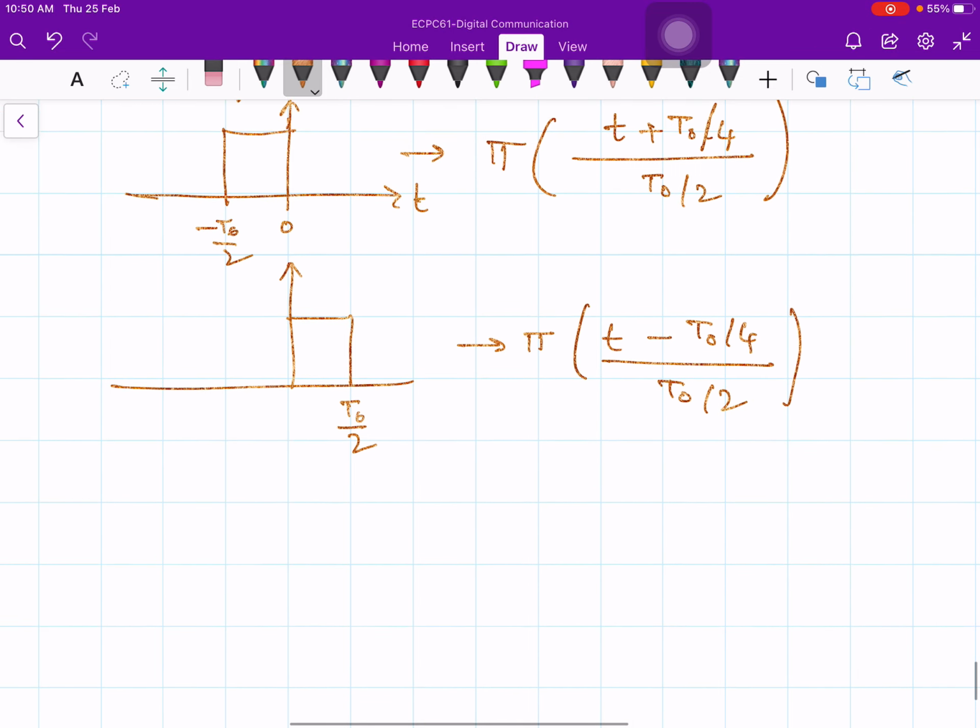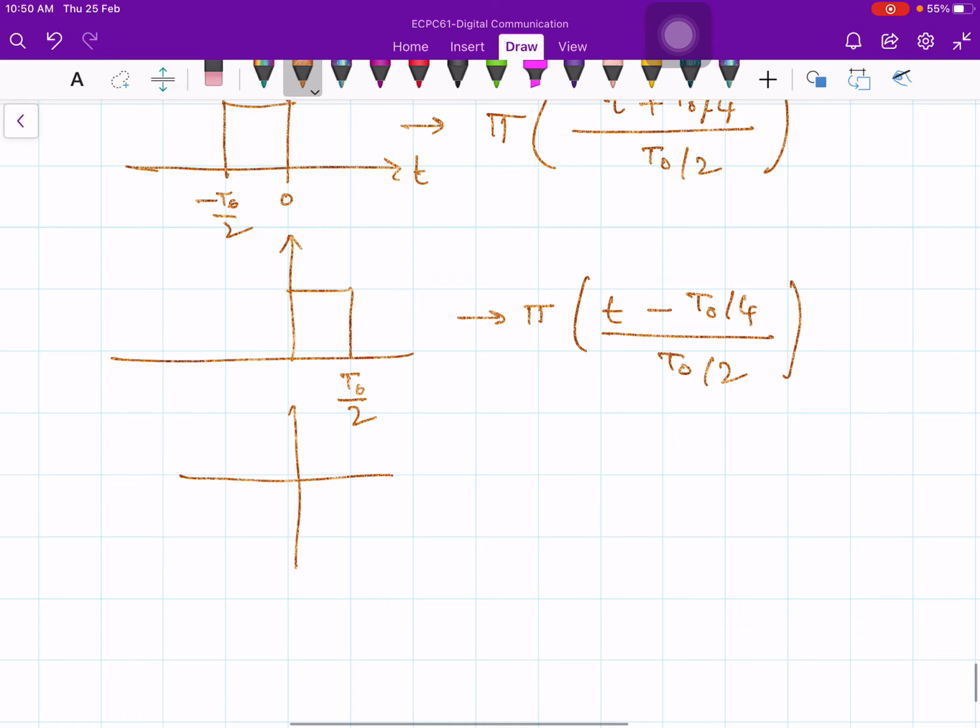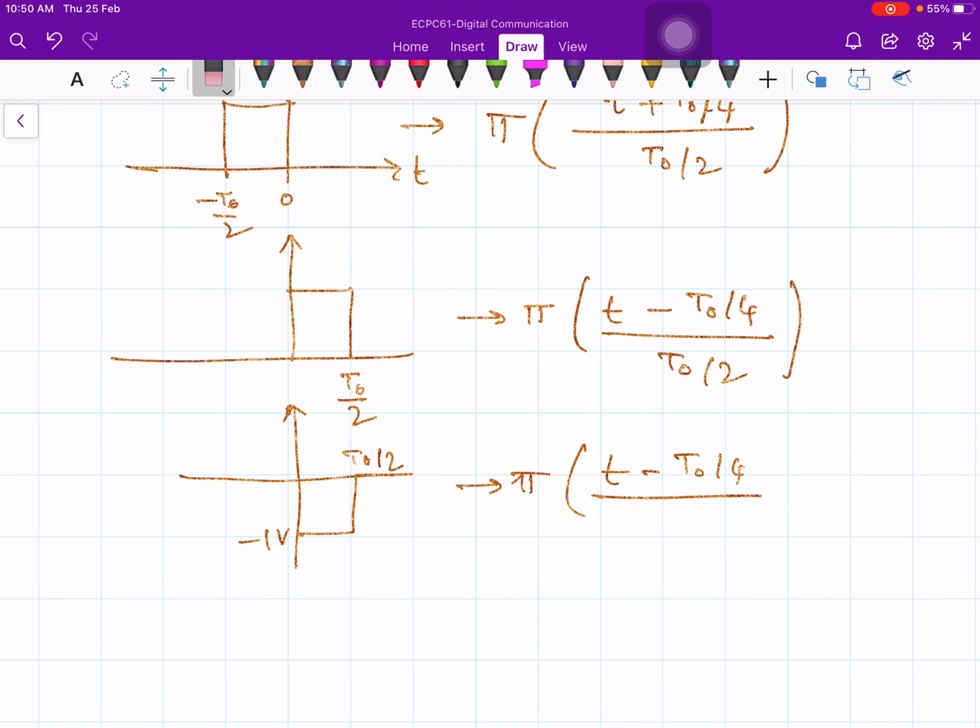Now, if you take the inverse of this pulse, a pulse of minus 1 volt, then this is Pi of t minus T naught by 4, and here you put a minus symbol. I am sorry, I forgot to put it here, I am making a mistake again. Pi with a minus symbol, and the width of the pulse is T naught by 2.